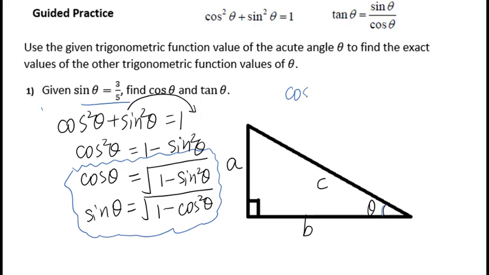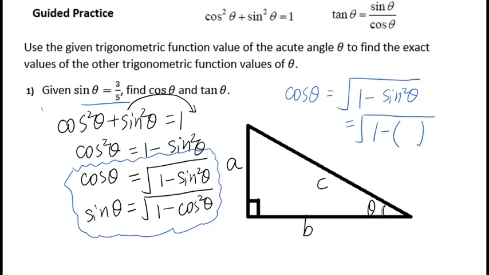Therefore, cosine theta equals square root of 1 minus sine squared theta, which is square root of 1 minus 3 over 5 squared, which means square root of 1 minus 9 over 25.